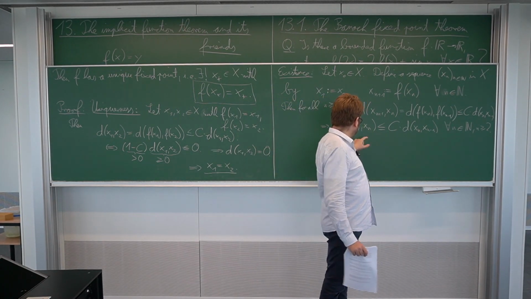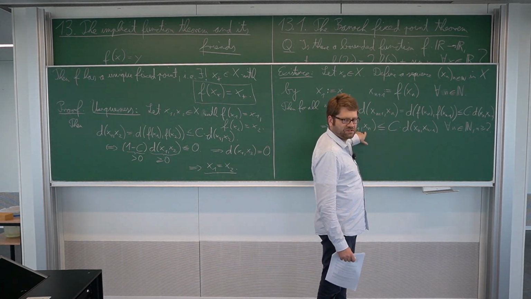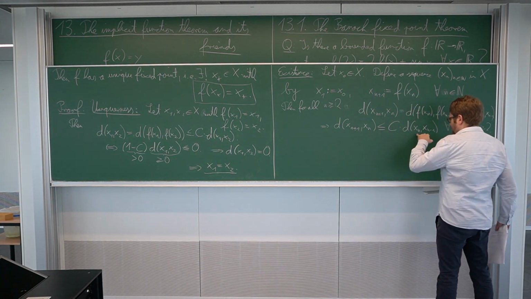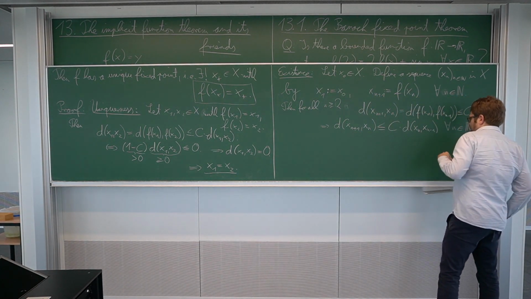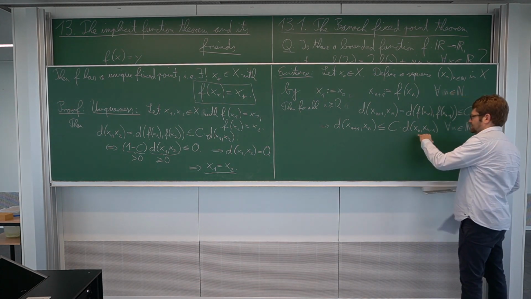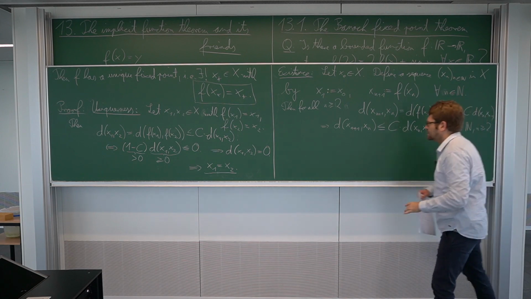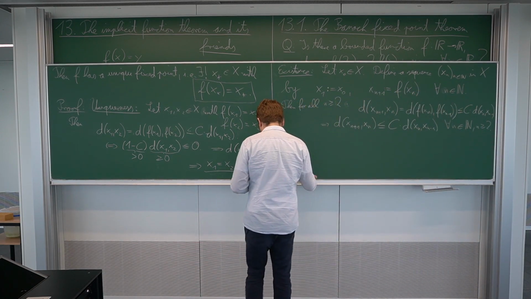So if we take this difference from two subsequent elements of the sequence, this is smaller than or equal to c times the two elements before. And now it's of course clear what we can do. We can iterate this, using the same inequality again and again, and take a look at what this looks like.